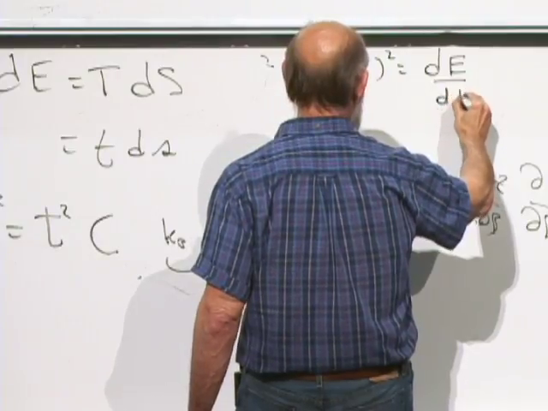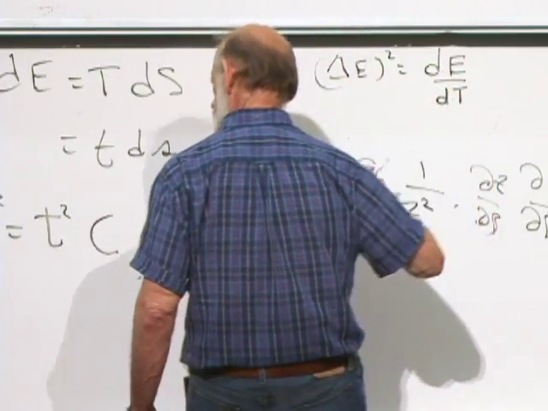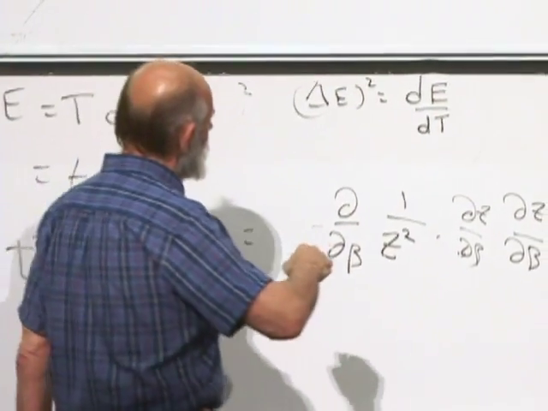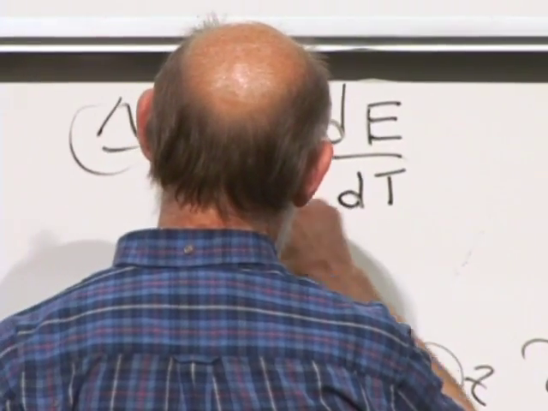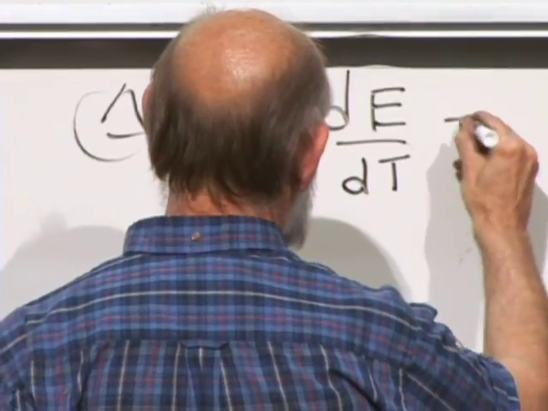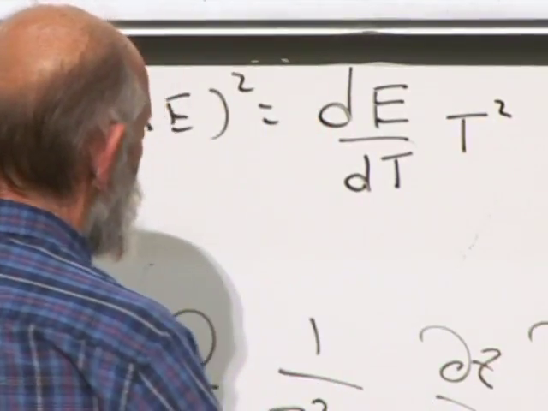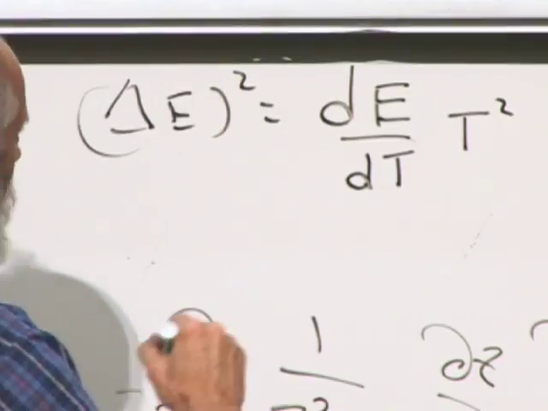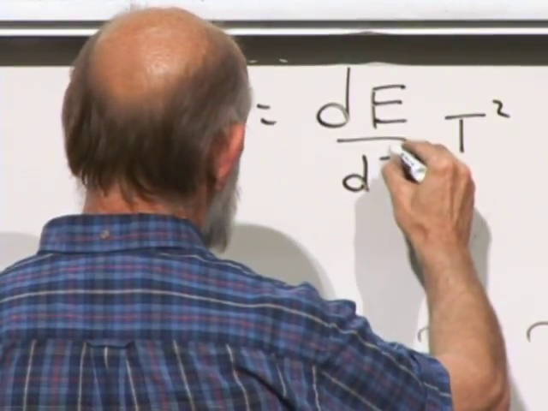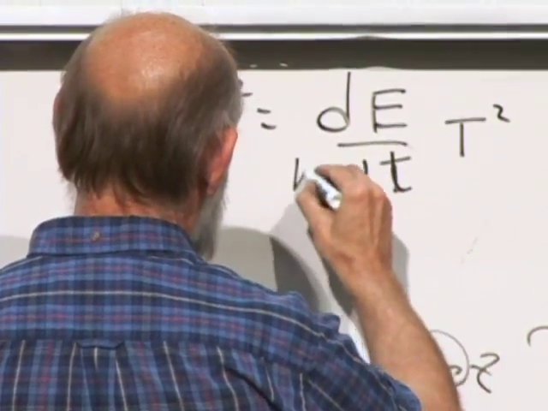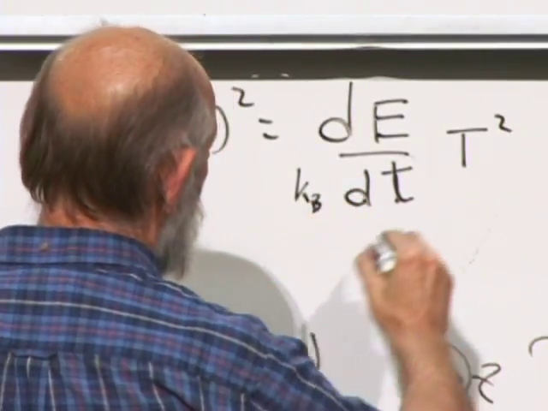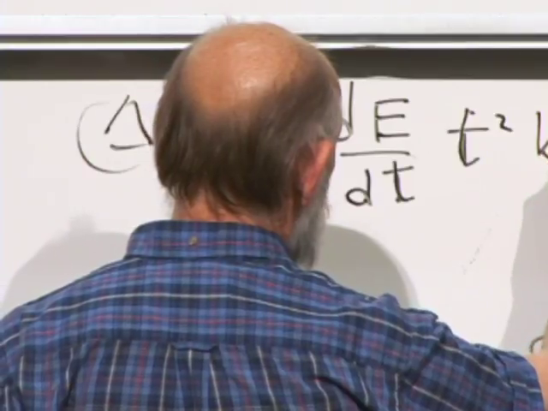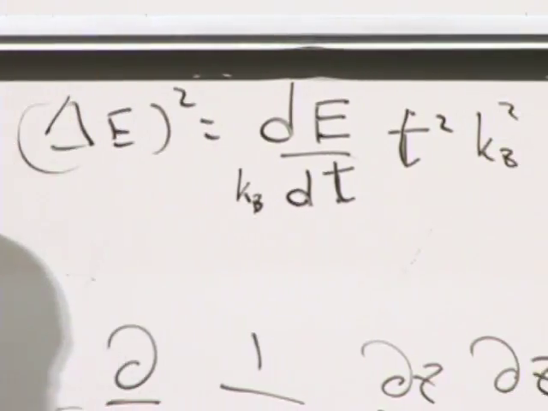Oh, right, there's a square root. The dE/dT, the other E squared is equal to the dE/dT times T squared, right? K Boltzmann in the denominator is T. Okay, let's put T here, and that would put a K Boltzmann here, right? And then T squared would be T squared times K Boltzmann squared, right?